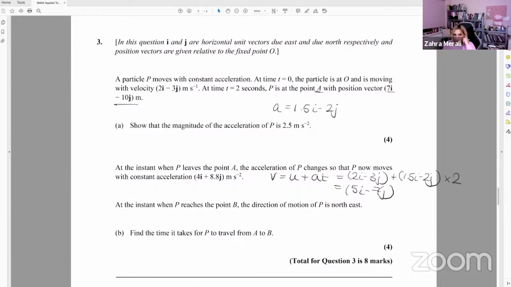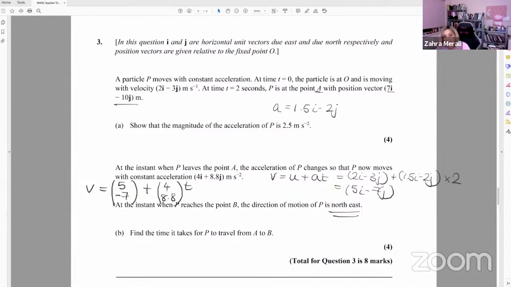And now I want to find an expression for v in order to then equate them. I've got this northeast again, where we get the i's equal to j. So my new v, my old v becomes my new u, plus... v equals u plus at, where a we've been given as 4i plus 8.8j.